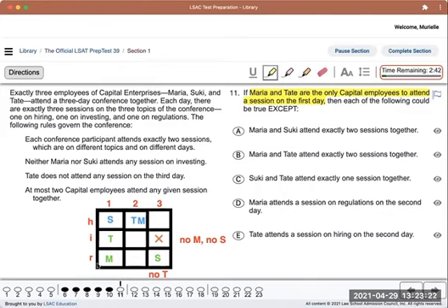So if S can't attend anything on the first day and can't attend investing, S has to attend something on the second day and something on the third day, and those somethings have to include hiring and, that's interesting, sorry, hiring and regulations. So this is possible here.